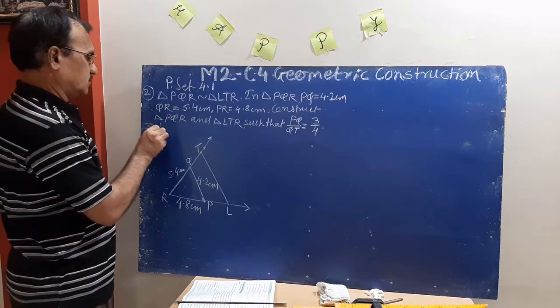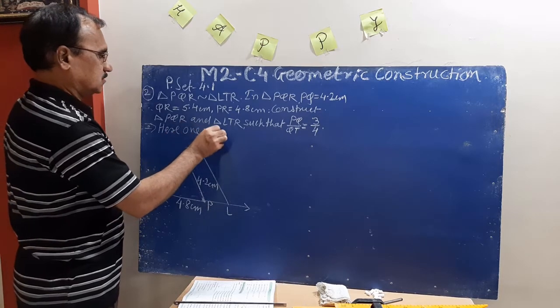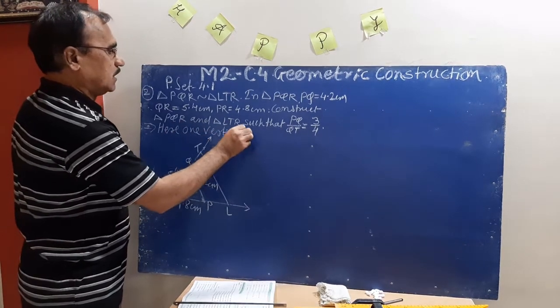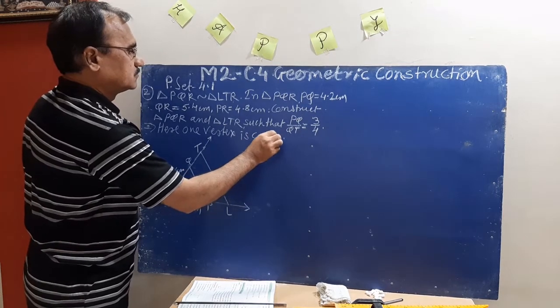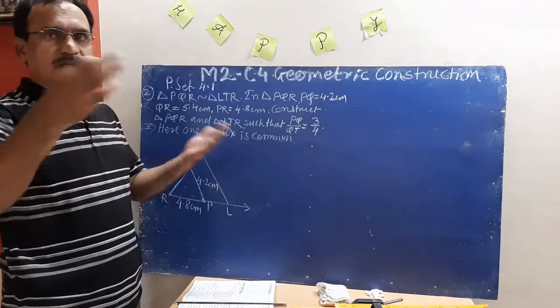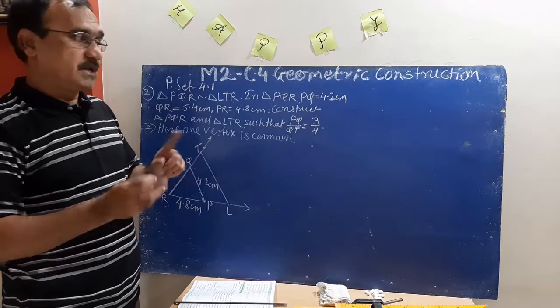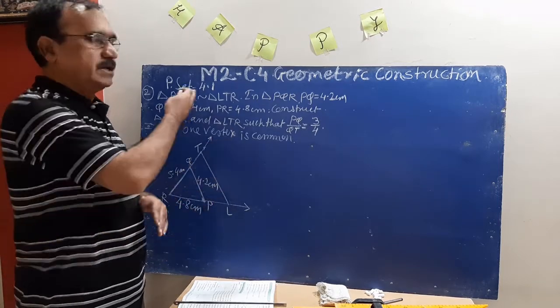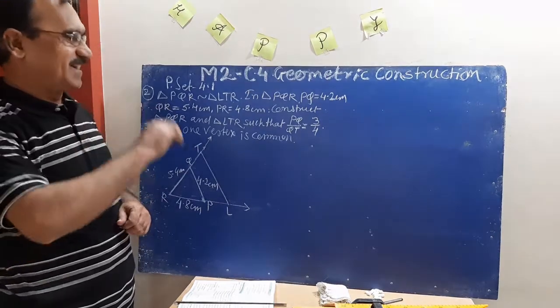Here one vertex is common. The first method is if all vertices are distinct, and in the second method, if one vertex is common, there is another method to construct these two similar triangles.